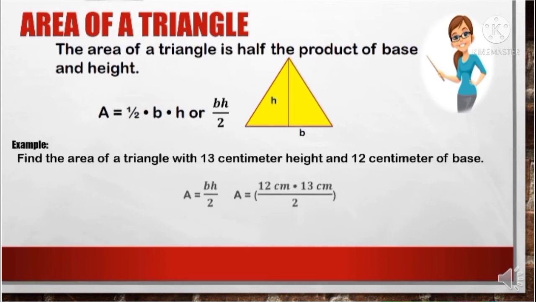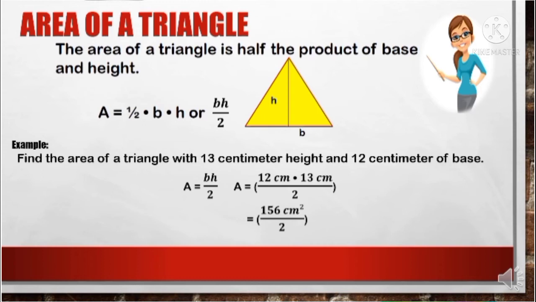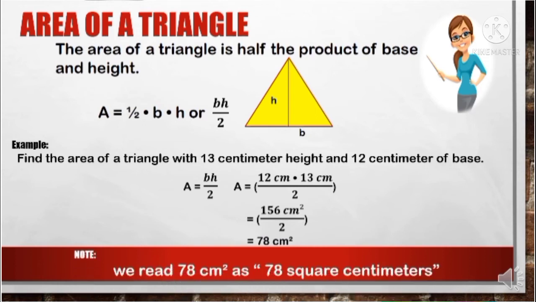In solving this, A equals B times H over 2, whereas A equals 12 centimeters times 13 centimeters divided by 2. The product of 12 centimeters and 13 centimeters is 156 centimeters squared, and you will divide it by 2. The quotient is 78 centimeters squared. We read 78 centimeters squared as 78 square centimeters.